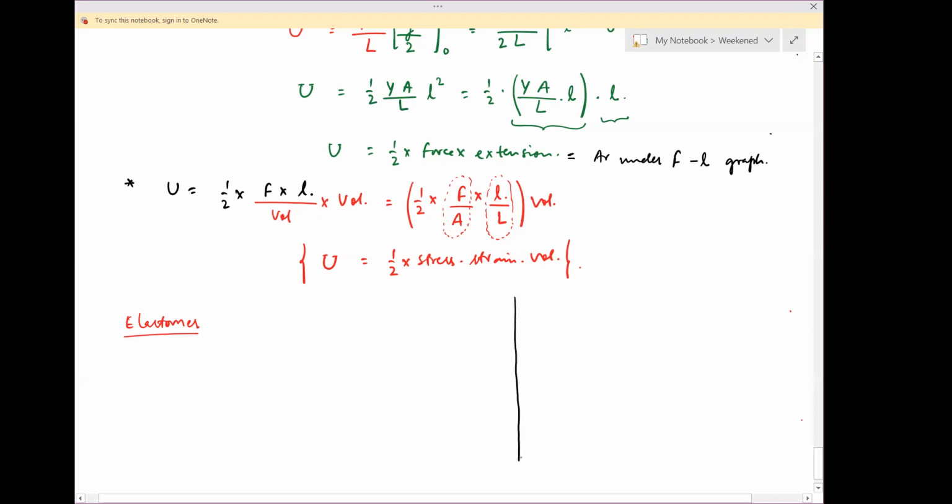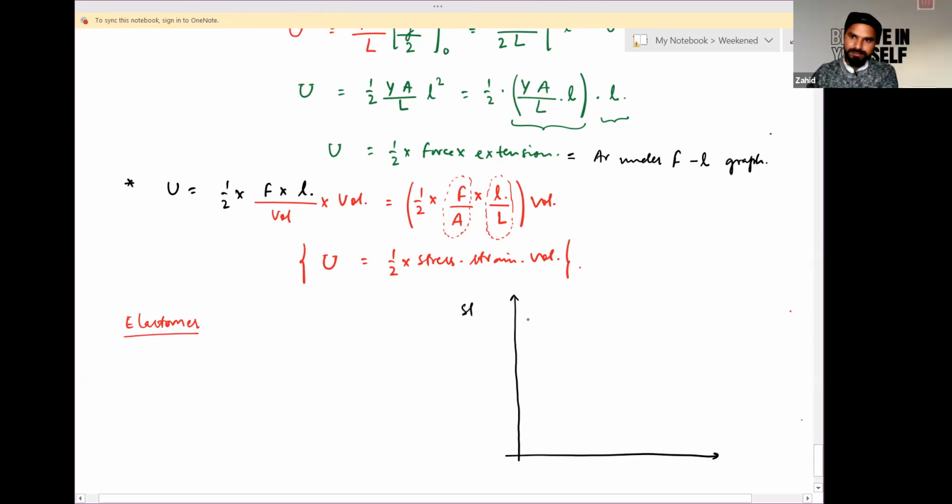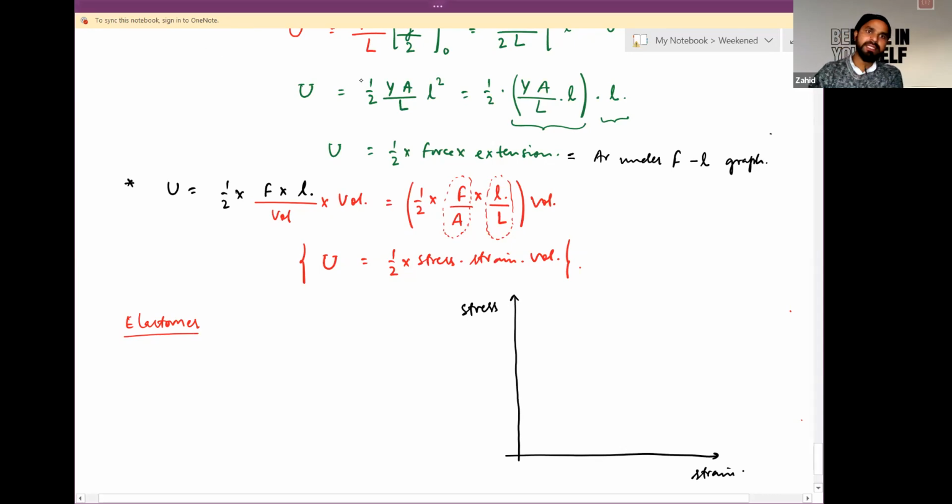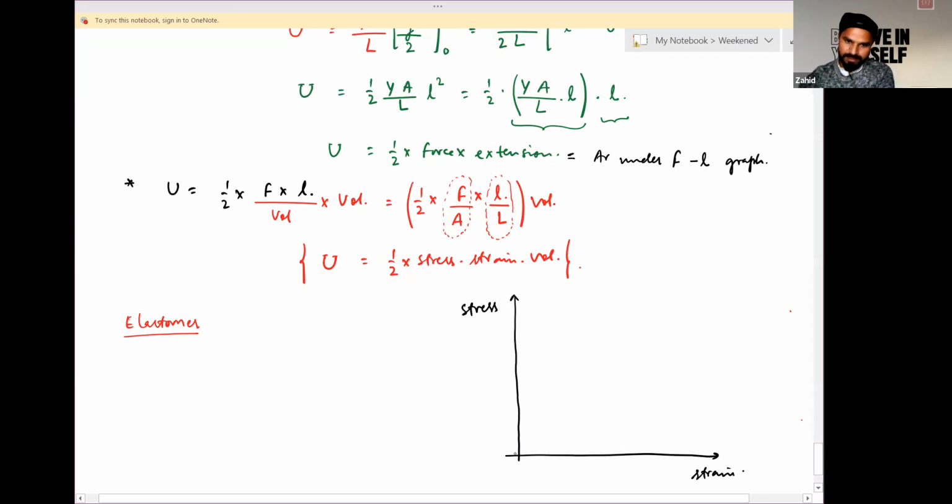Yes, sir. Suppose this is the amount of stress, and this is the corresponding amount of strain developed for an elastomer. So the graph of this type of material will be like this, while elongation and while compression.